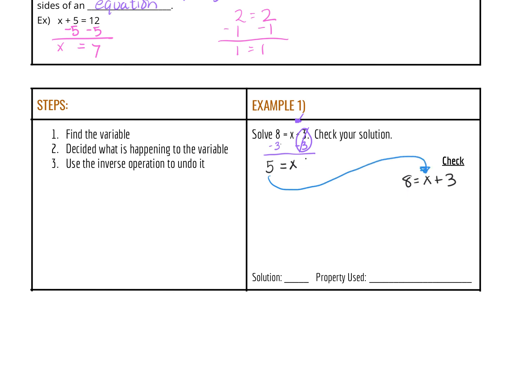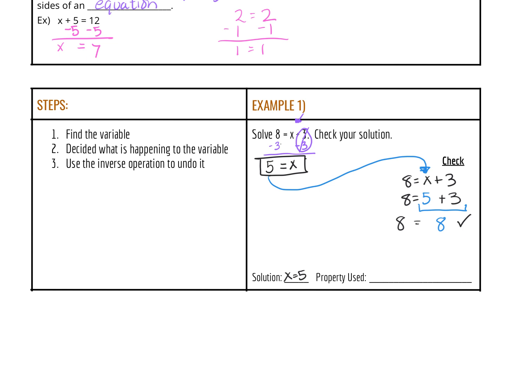So I'm going to rewrite everything the same, except for where that x is, I'm going to put the 5. Like that. So what is 5 plus 3? Well, that's 8, and 8 equals 8, so that is true. So that means that we got that right. So my solution is not 8, but it's x equals 5. So this is my solution.